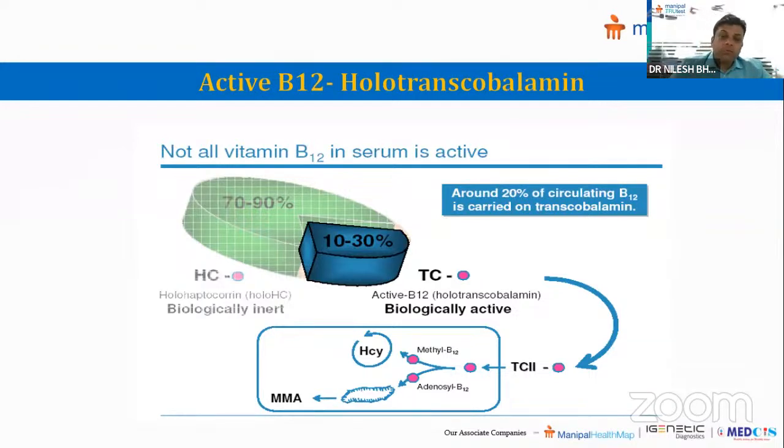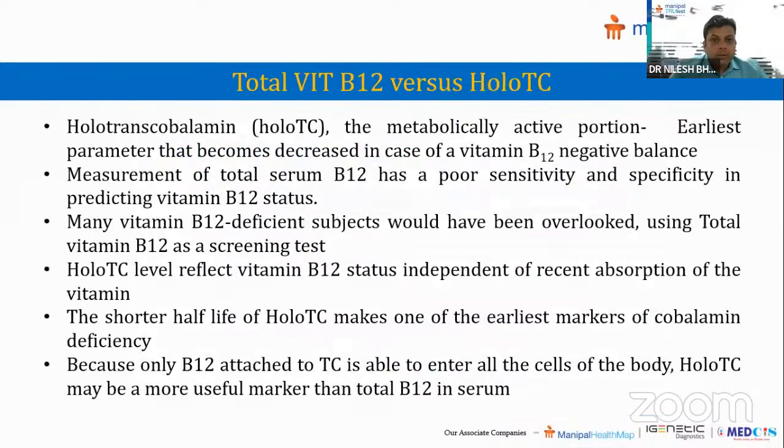Once the vitamin B12 bound with the transcobalamin enters into the cell, it is converted into methylcobalamin and adenosylcobalamin, and then further it takes the pathway of homocysteine metabolism and methylmalonic acid metabolism. So when we compare B12 versus HoloTC, as earlier mentioned, HoloTC is the metabolically active portion, and it is the earliest parameter that becomes decreased when we suspect a negative vitamin B12 balance.